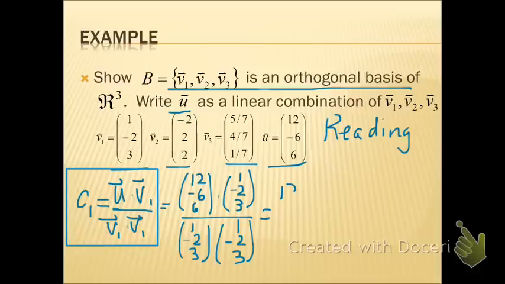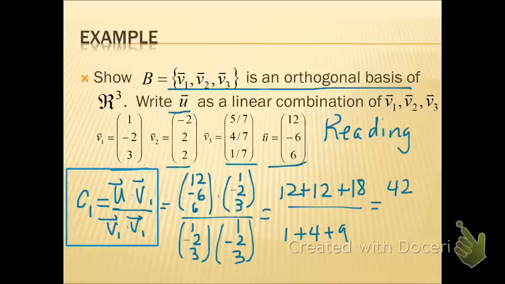We would have 12 plus 18 over 1 plus 4 plus 9, which gives us 42 over 14, which equals 3. So our weight C1 is equal to 3.